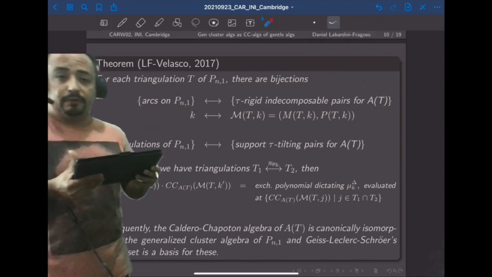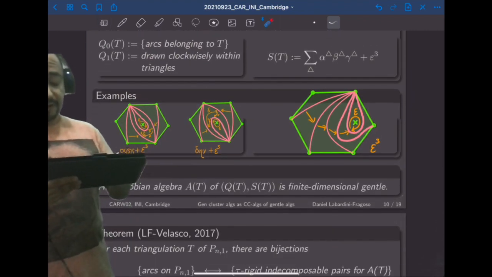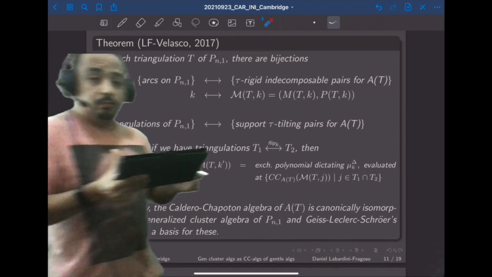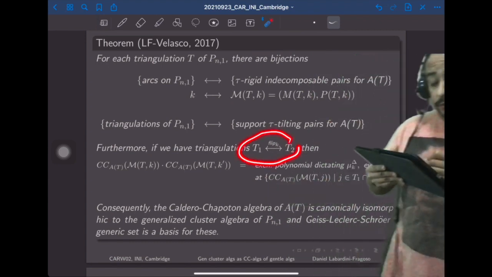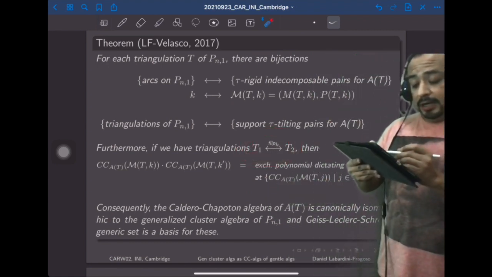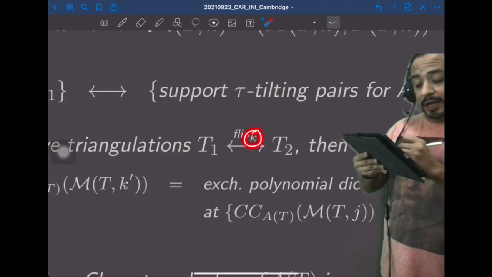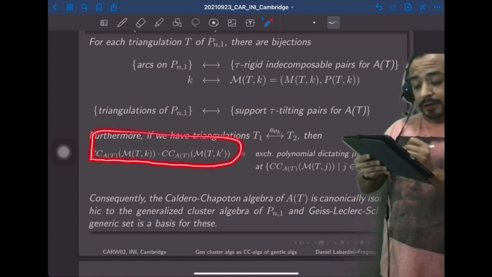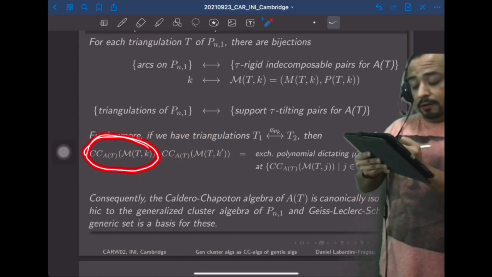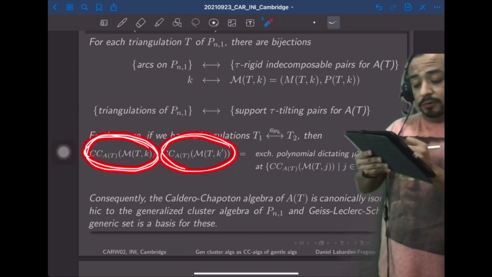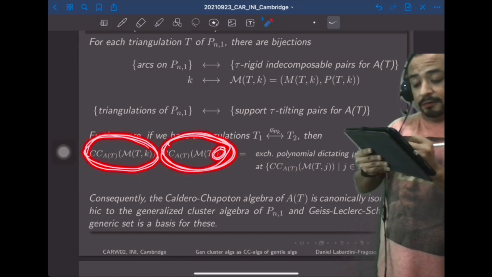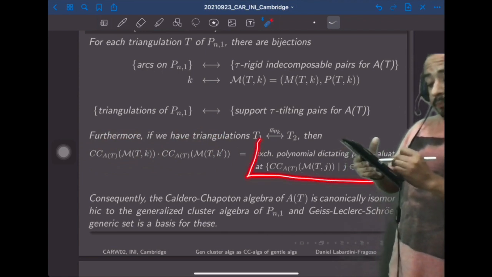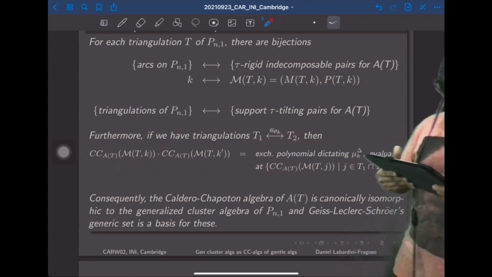We are in not very complicated gentle algebras, and moreover, when you take two triangulations related by a flip, say by the flip of an arc K, and you consider, as usual, the product of the Caldero-Chapoton map of the new arc that replaces K times the Caldero-Chapoton map of the old one, this gives you precisely the exchange polynomial of Chekhov and Shapiro.